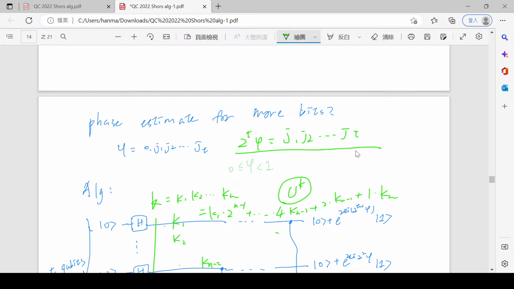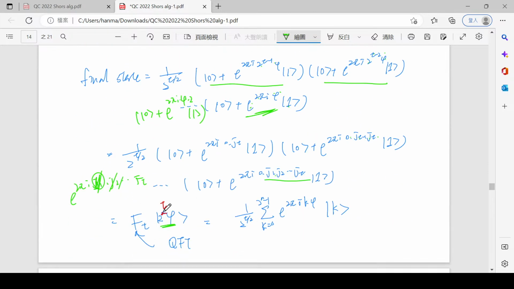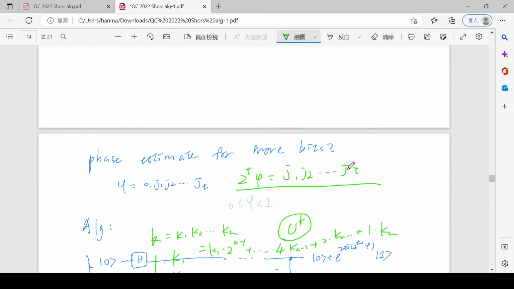So if we know 2 to the t phi, then we know phi. We are just shifting a period. And anyway, this is a Fourier transform of 2 to the t phi. And so if we apply an inverse quantum Fourier transform, then we will learn 2 to the t phi and we will learn phi.